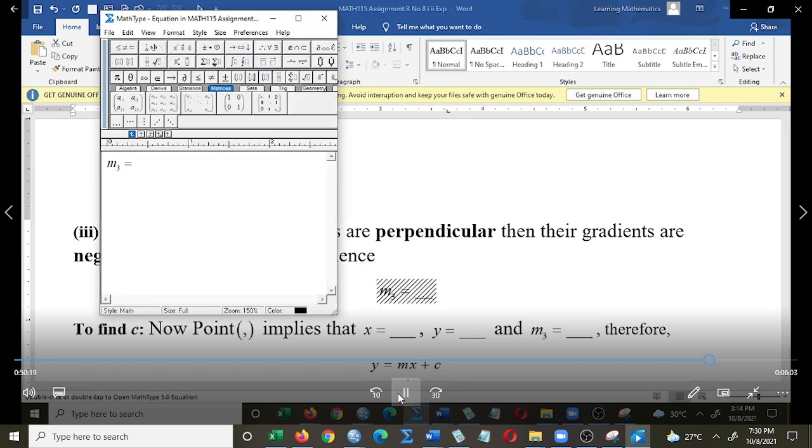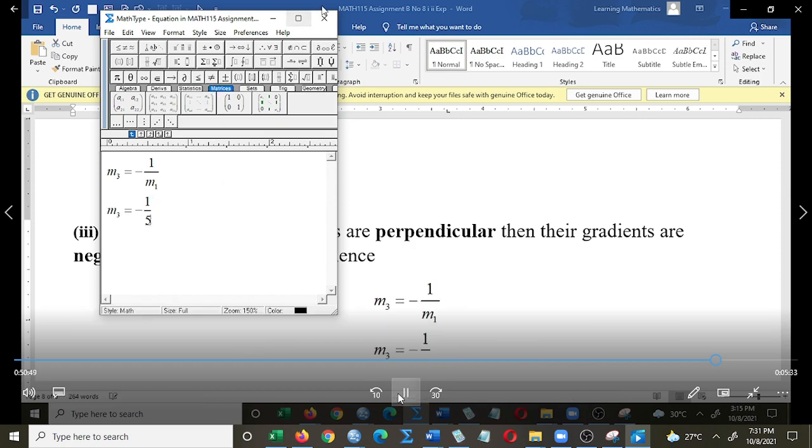M3 is negative 1 over M1, isn't that so? And what is M1 again? It was 5. So negative 1 over 5. So we have M3.